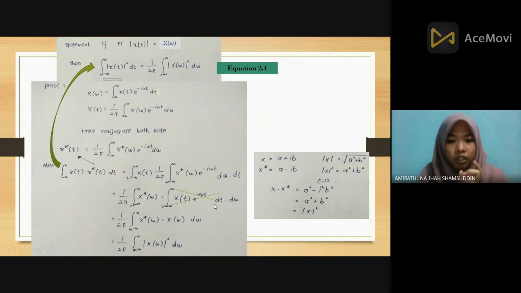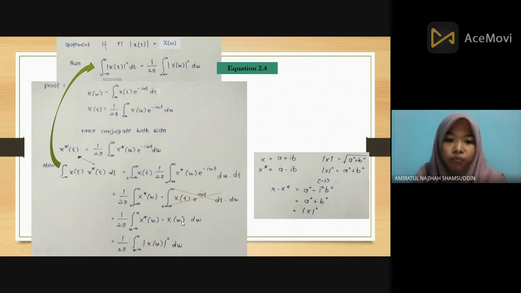From this equation we know that the integration of x(t) times the exponent i omega t is X(omega), so we replace it with X(omega). This is equal to 1 over 2 pi times the integration of X conjugate omega times X(omega) d omega.